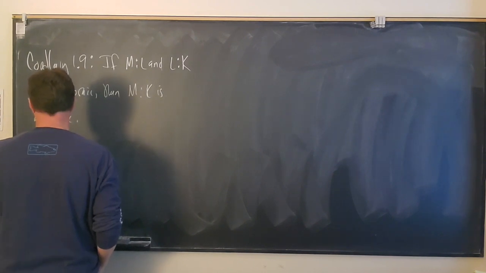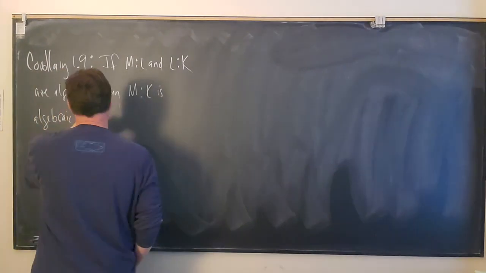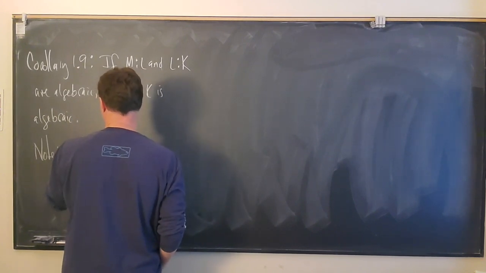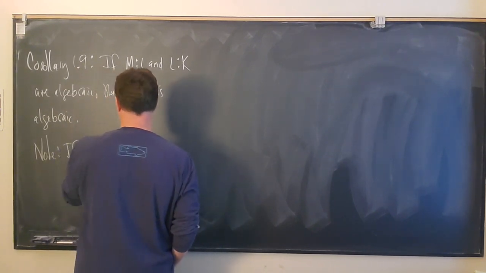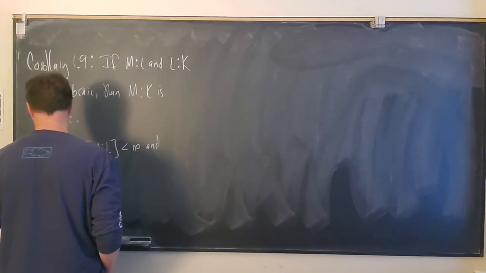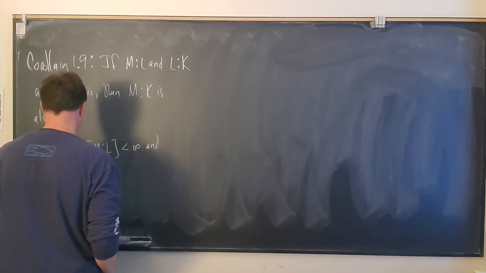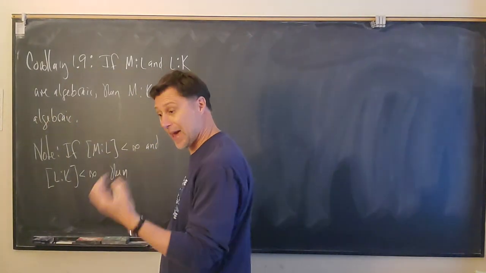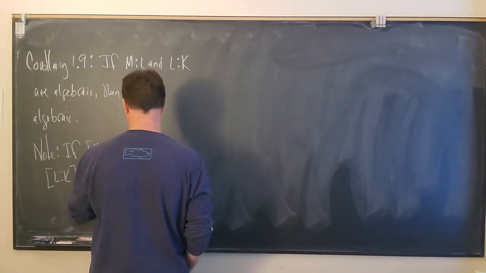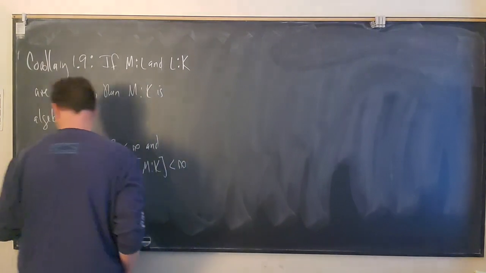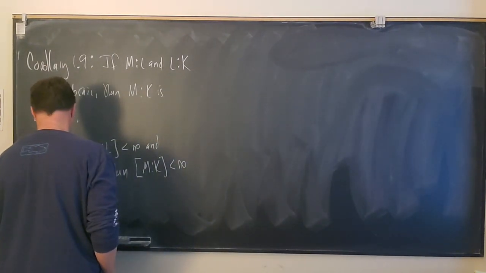So note, if everything's finite here, so if the degree of M over L is finite and the degree of L over K is finite, then of course the degree of M over K is finite by the Tower Law. So M over K is finite, that's Tower Law.